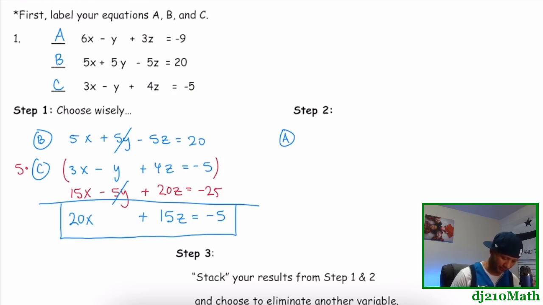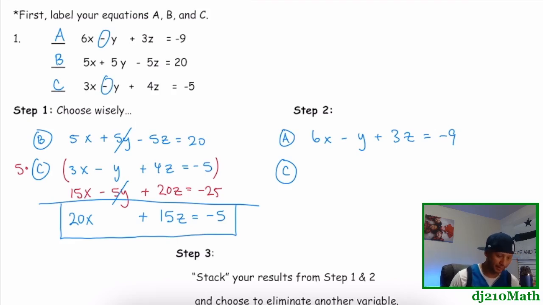A is 6x minus y plus 3z equals negative 9. Then C: this is negative and this is negative, so I'm just going to multiply one of them by a negative, and then it will cancel out.